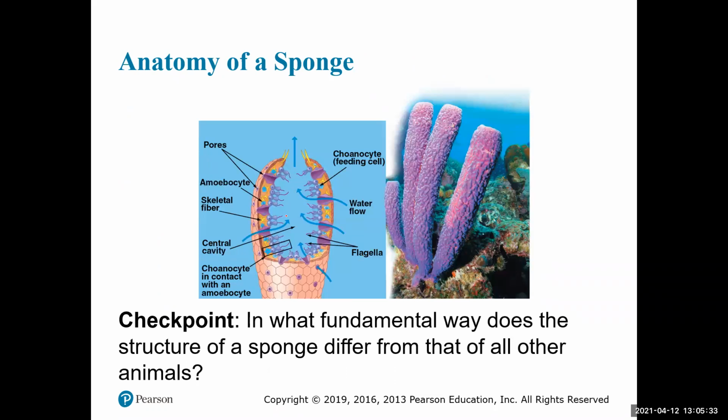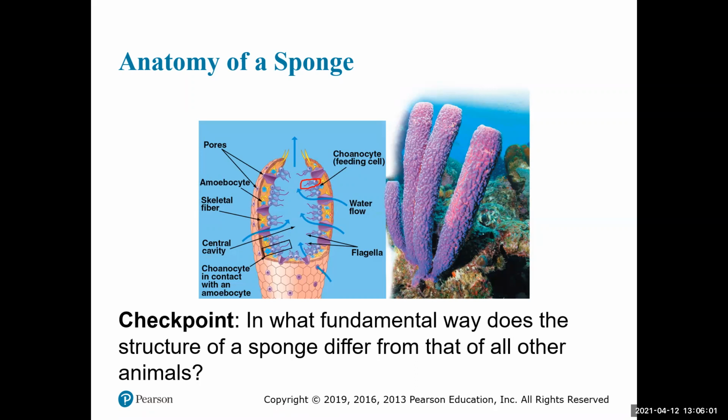Okay, so we can see here that you have these choanocytes. So this single cell is a choanocyte. And these choanocytes are embedded in a matrix. And this matrix is made up of substances and spicules. And these spicules can be made out of calcium, they can be made out of silica and other structures, and that leads to different types of sponges.